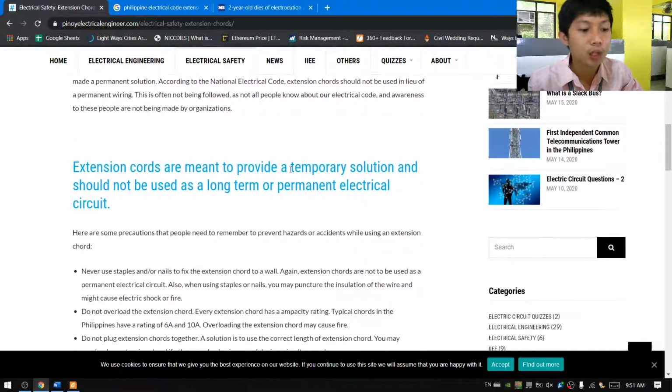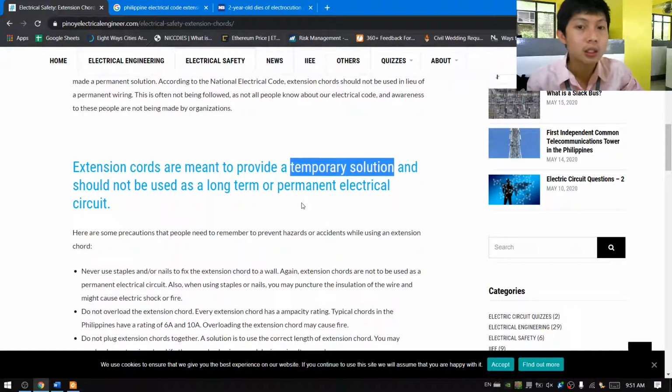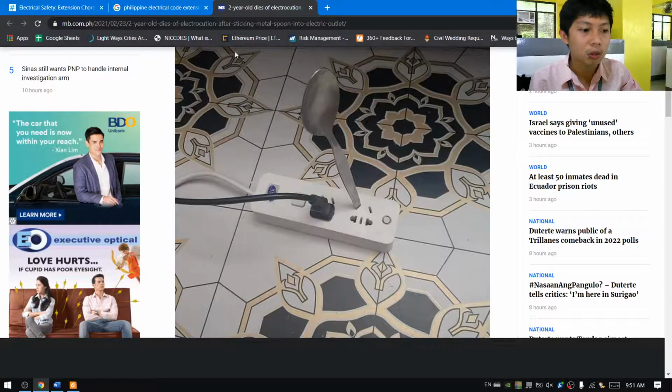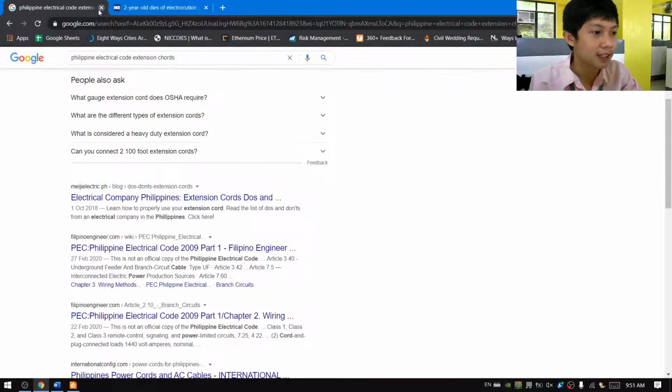It should only be a temporary solution. Remember, class, extension wires are not meant for permanent electrical circuits, so we only use them temporarily. After gamitin, iligpit, tago. So hindi dapat ganito, alam mo yan. Okay, so close ko na.